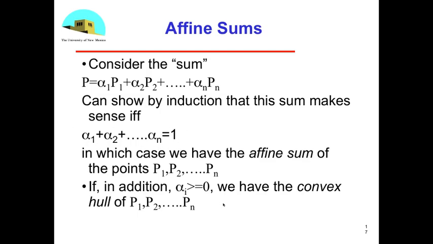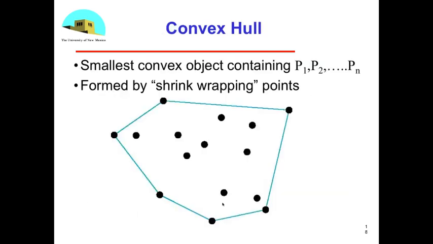That defines what's called the convex hull of the objects, which will come into effect later in the course when we talk about curves and surfaces. But it's what you get by what's called shrink wrapping. Think of it this way. Suppose I have a collection of points, and this is a notion, again, that applies to any dimension. This holds in 3 dimensions, 2 dimensions. In two dimensions, which is easier to see here, I give you a collection of points.